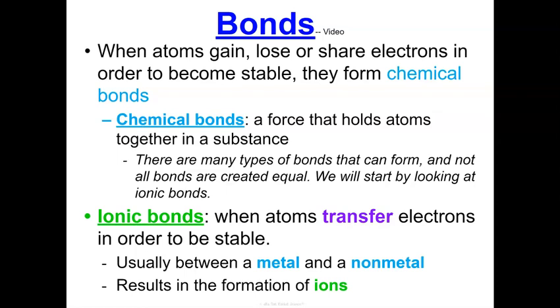We're going to talk about ionic and covalent. Now, an ionic bond is when atoms transfer electrons in order to be stable. And it's usually between a metal and a nonmetal. And when they give up electrons, they form what's called an ion.